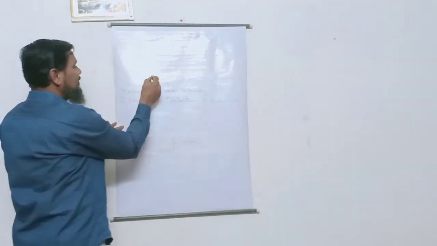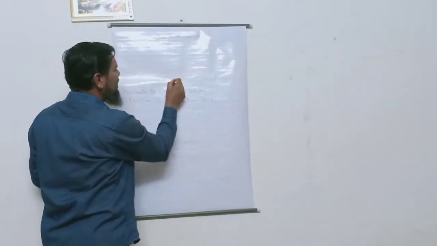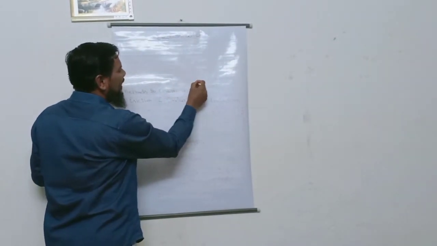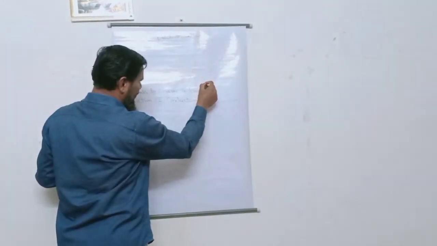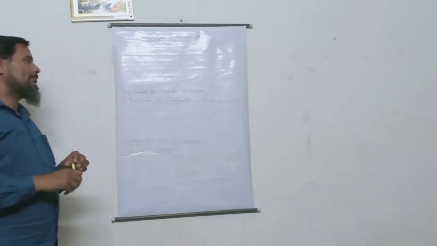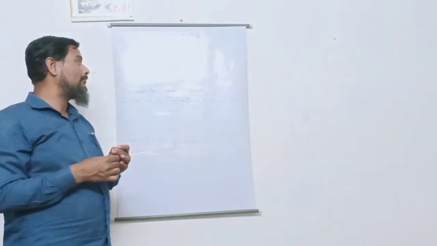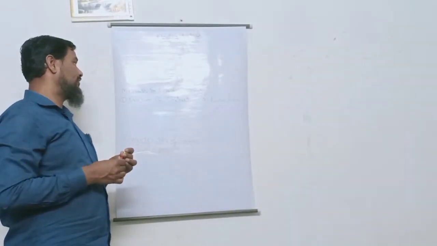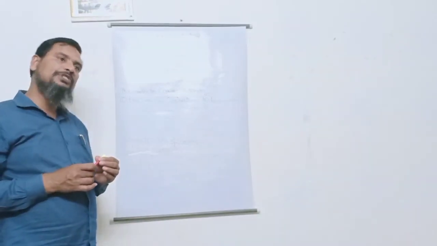And the charge acquired by a body can be only plus or minus Ne, where N is the number of electrons, that is 1, 2, 3, 4, 5 and so on. It means a body can be charged only by an integral multiple of one quanta, that is one electronic charge. This is called quantization of charges.